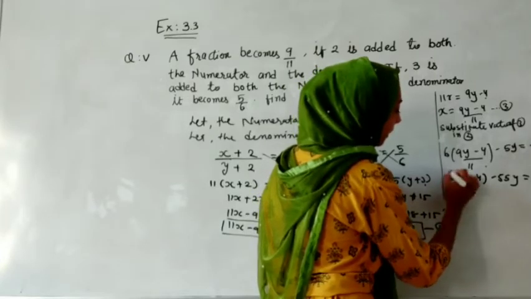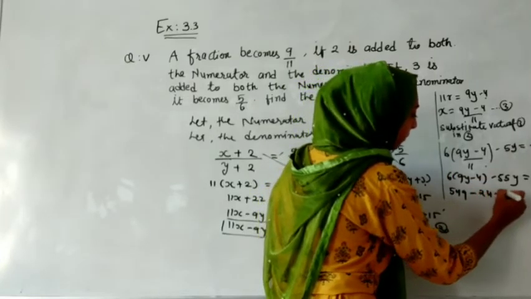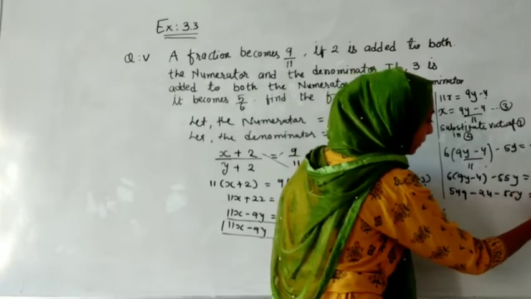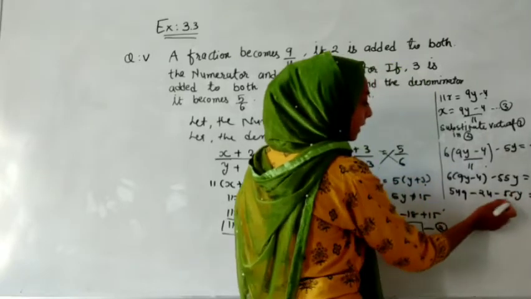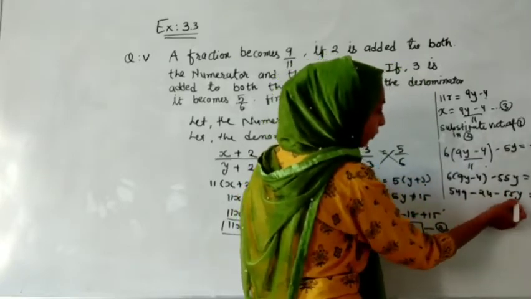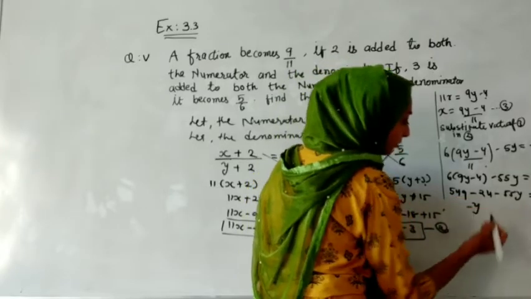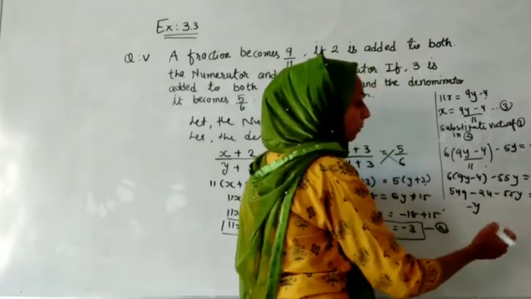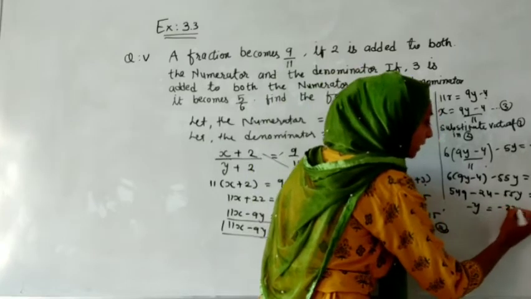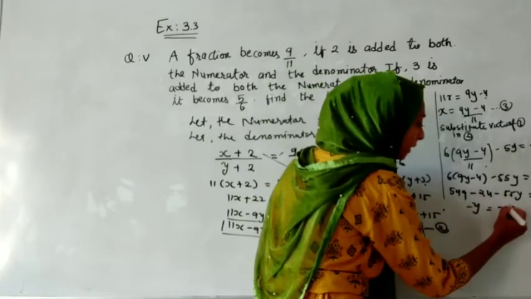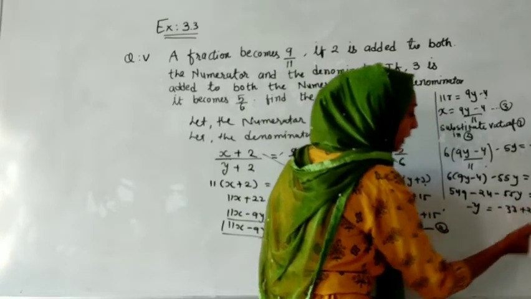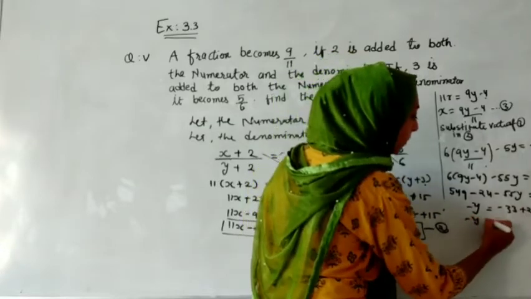9 6s are 54, 6 4s are 24, minus 55y, and that is equal to minus 33. Let us do the shifting. So 55 minus 54, minus y will remain because the symbol of the greater number will be minus. Minus 33 we are keeping as it is, and 24 we have shifted, so it will become minus.